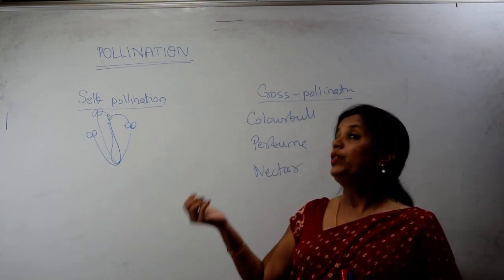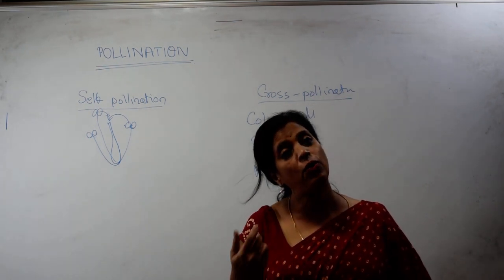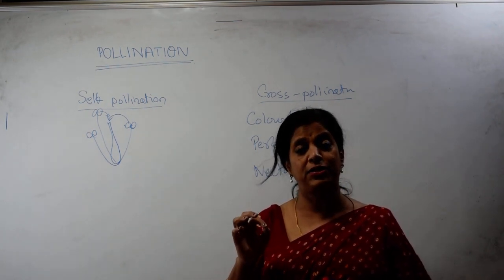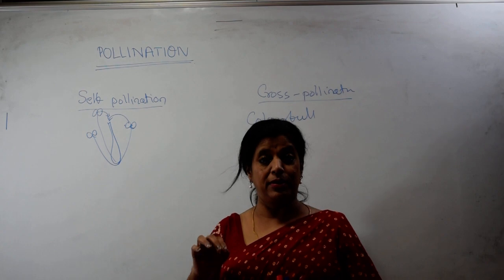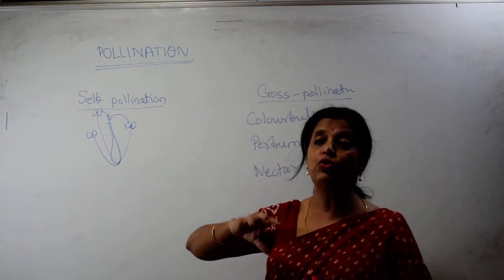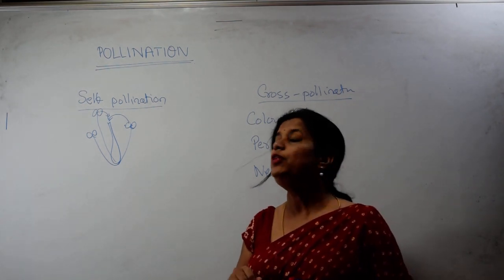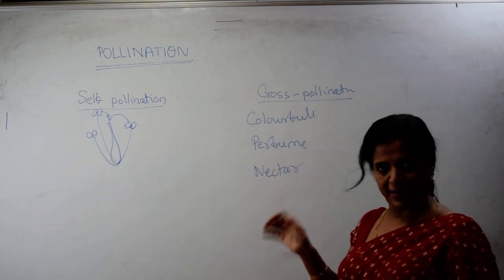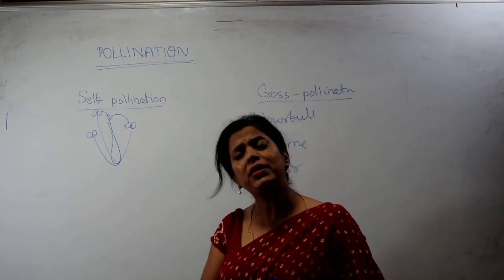So therefore, the flowers which undergo cross-pollination must have something which attracts the insects. Therefore, they should have beautiful color, nice perfume, and nectar. Now, what is that color thing?